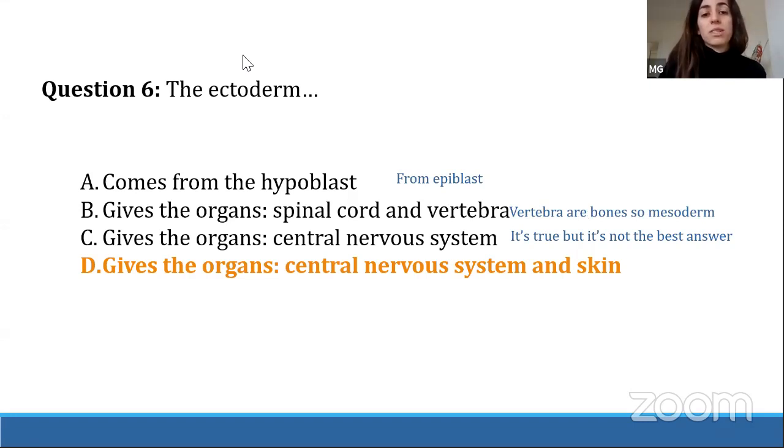So the spinal cord is indeed from the ectoderm, but the vertebra, that's not correct. Vertebrae are bones and they come from the mesoderm. And again, it doesn't come from the hypoblast, it comes from the epiblast. No one answered that, so good job, everyone. Again, if you have any questions, keep asking in the chat.